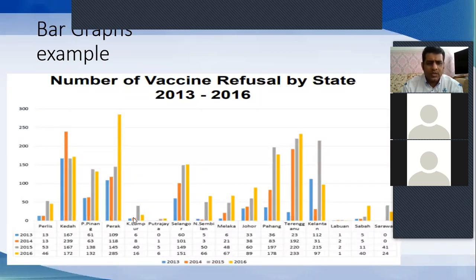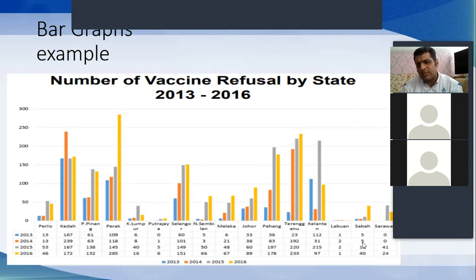Similarly, in Kuala Lumpur, the refusal was less. In Kedah, high refusal was there every year, but in 2014 the refusal was highest. Similarly, in Perak, the refusal was high in 2013, then in 2014 a little higher, then in the next year it increased further, but in 2016 it became maximum.